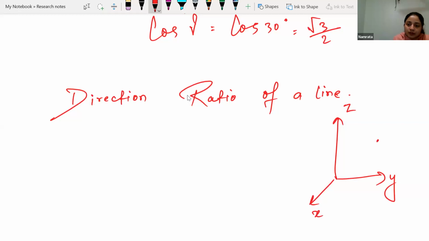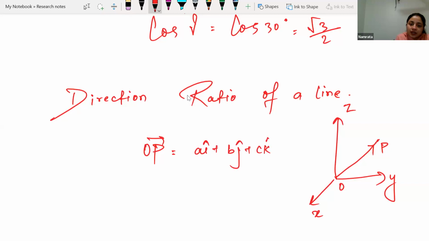If there is a line OP, and let's say in vector form it is ai plus bj plus ck. Here a, b and c, these coefficients are called the direction ratio.